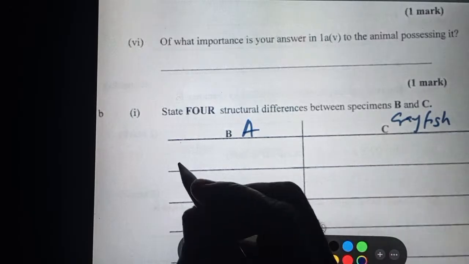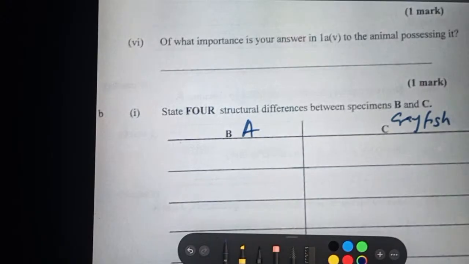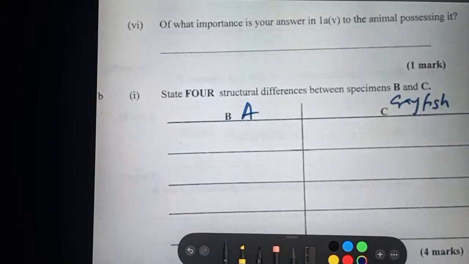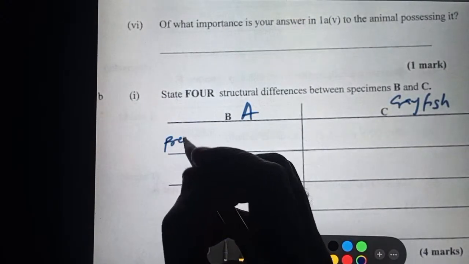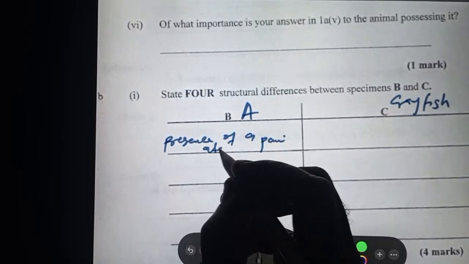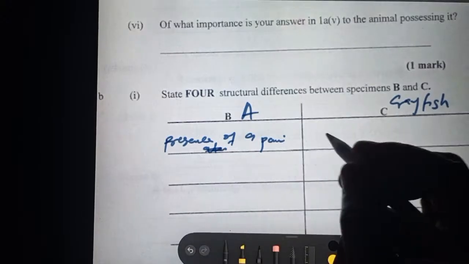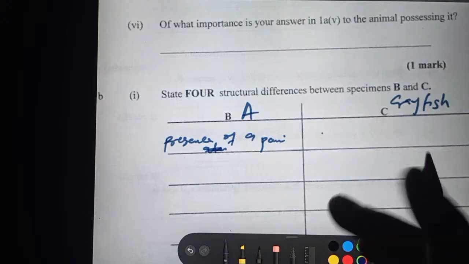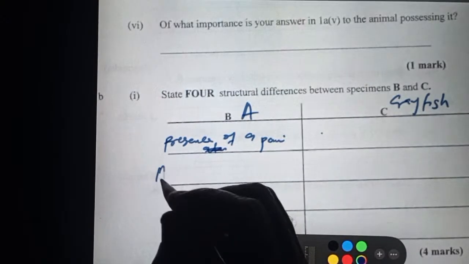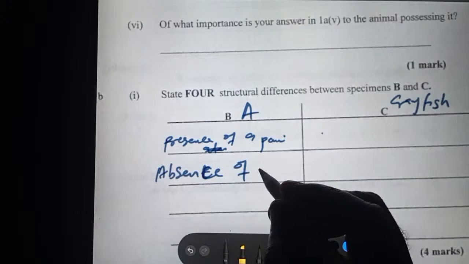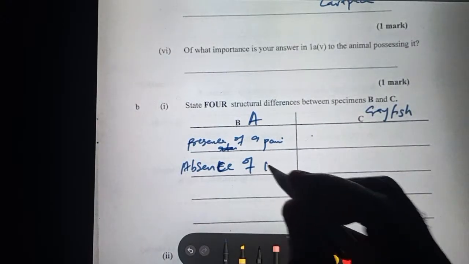You just say presence of a pair of antenna, because you can see that. While here has two pairs of antenna. Crustaceans, this particular crayfish, has two pairs of antenna. Absence of pincers.